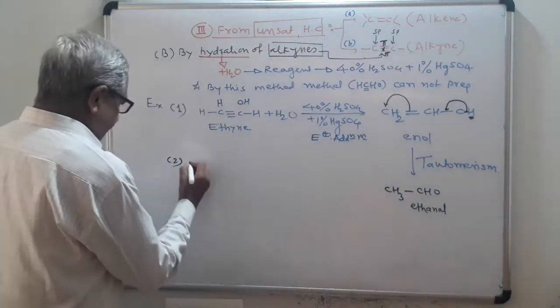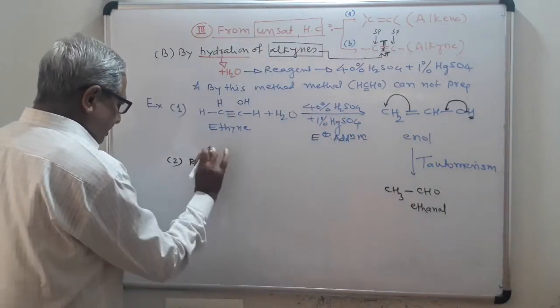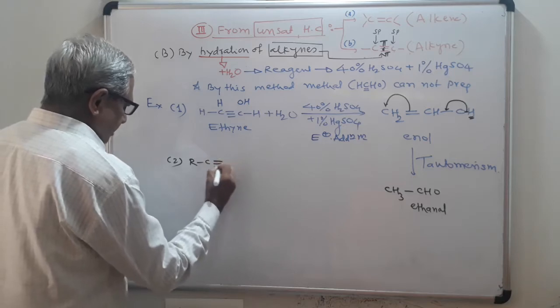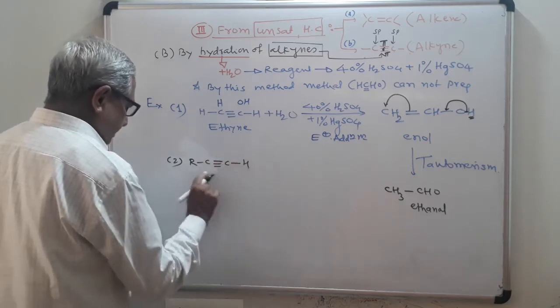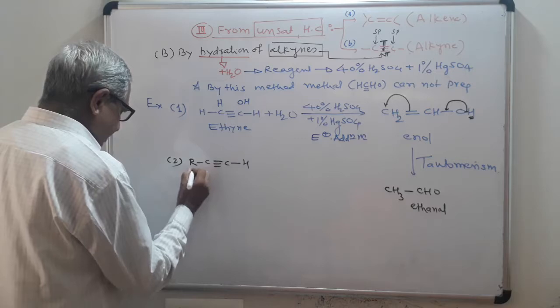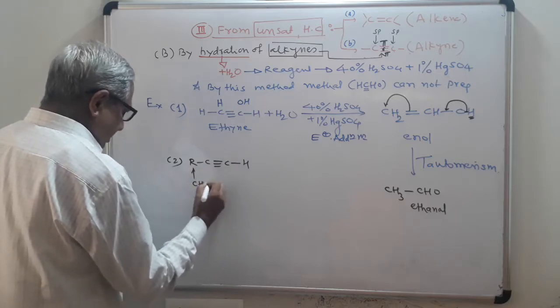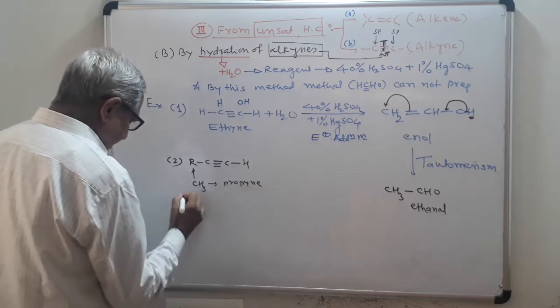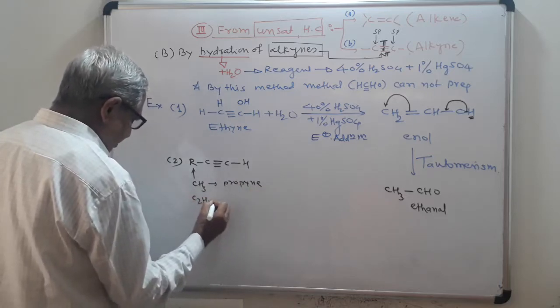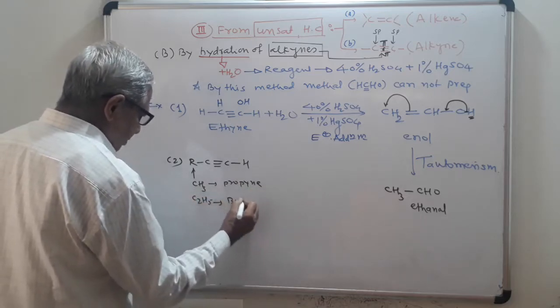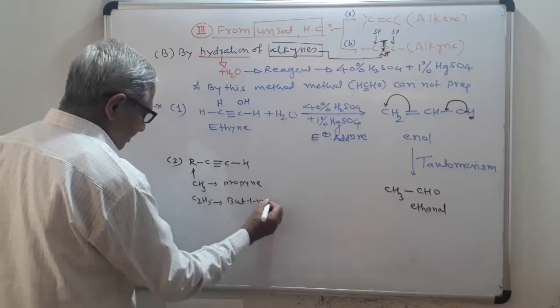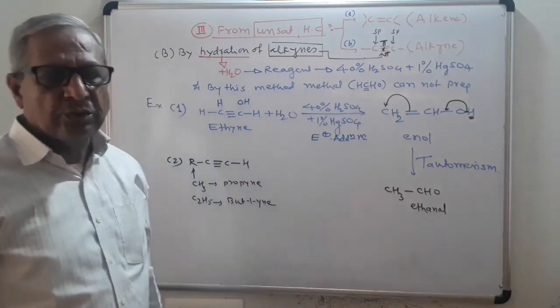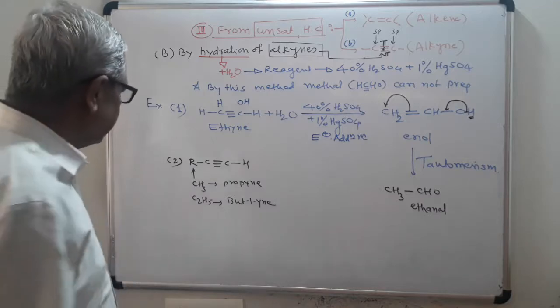Another question here, R-C triple bond CH. Now see, if R is equal to CH3, it is known as propyne. If R is equal to C2H5, it is known as but-1-yne. So I will take two examples simultaneously.